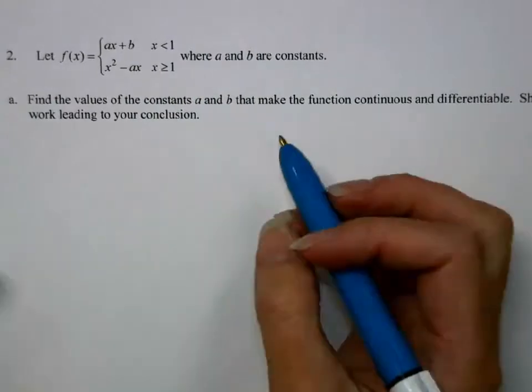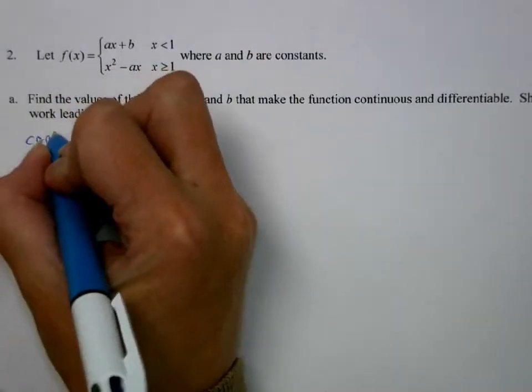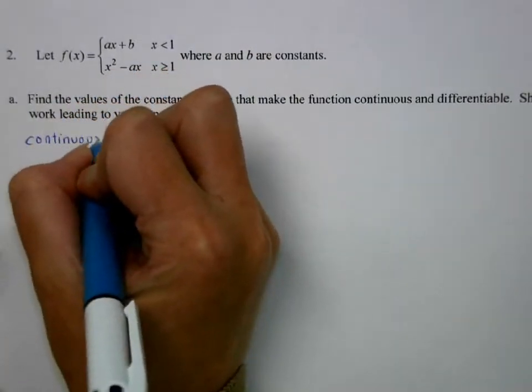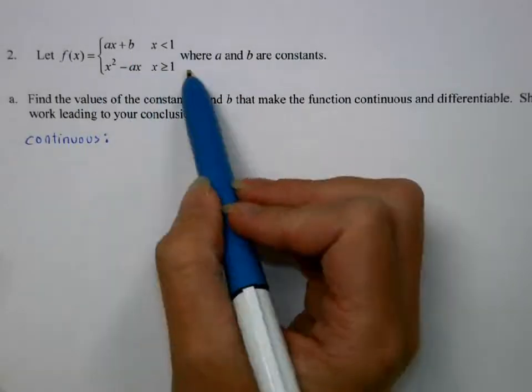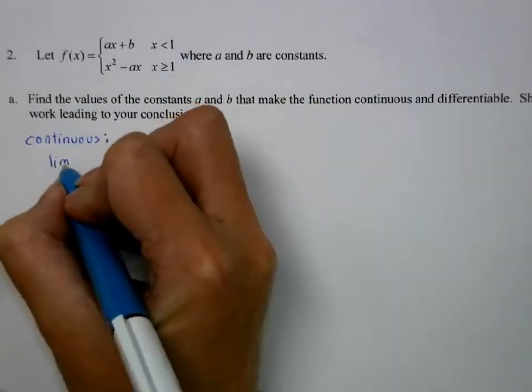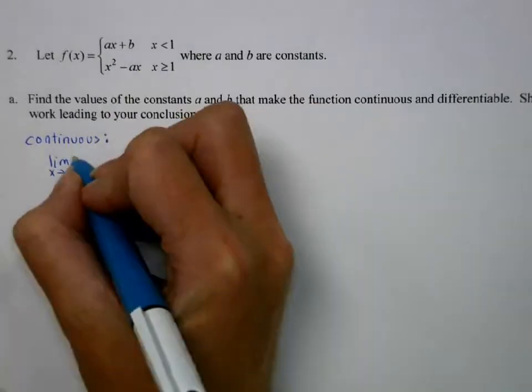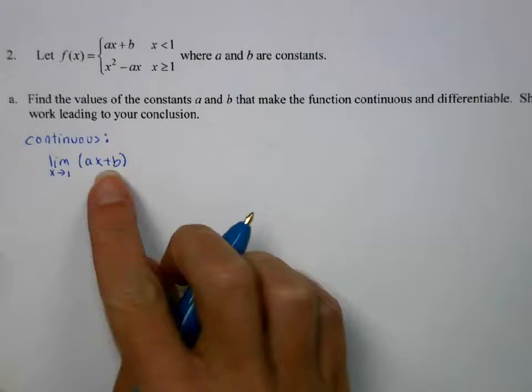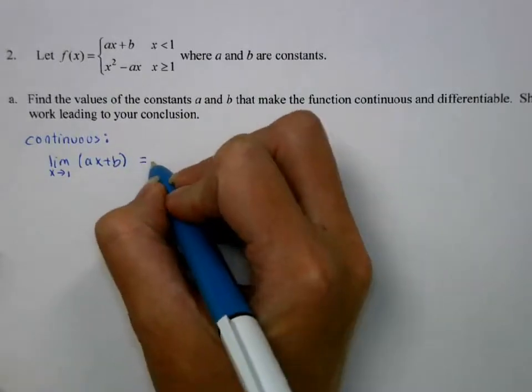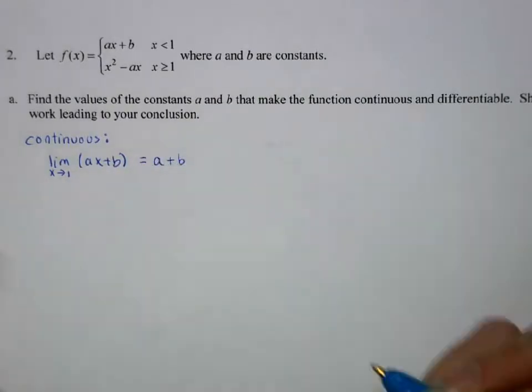In order for it to be continuous, we need this at 1 to be the same as this at 1. And I can use limits to help me out with that. So as x goes to 1, ax plus b is going to be a plus b.